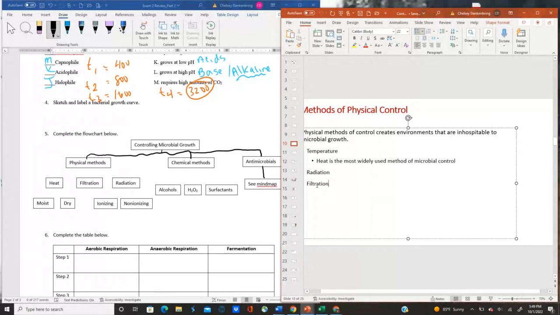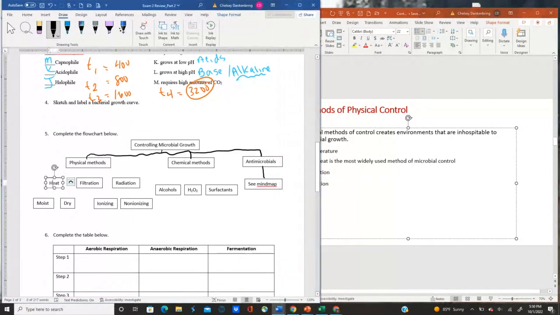Because that's colder than bacteria need. So if you want to, you could change this to temperature. Now I didn't make this in landscape orientation, so I was kind of limited on space, but you could easily make that temperature and have it branch off into hot and cold if you wanted to. It's completely up to you. Because our conversation focused mainly on heat, that's just what I did for this one, okay?